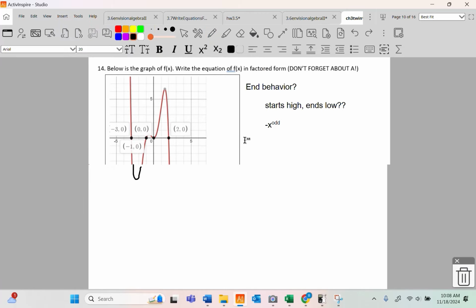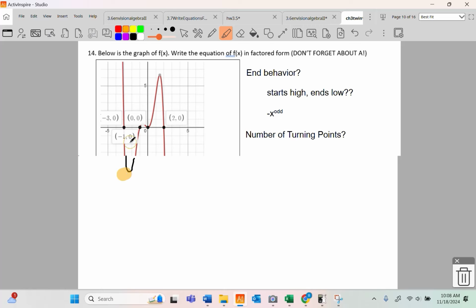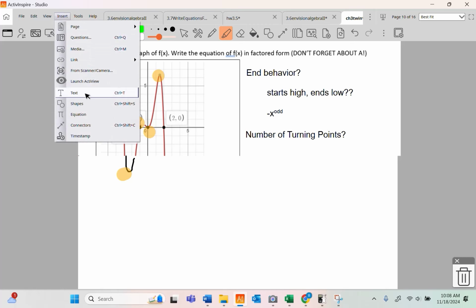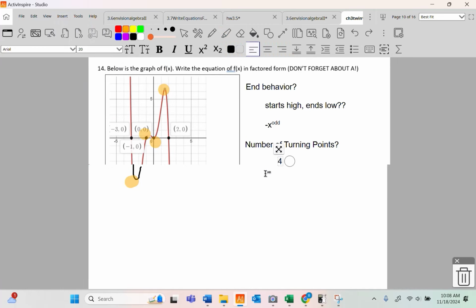So another part of this one is number of turning points. Well, she has 1, 2, 3, 4. She has 4 turning points. By the way, if you're wondering why Milbrath is adding all this stuff, this is a multi-part question on the test, and these are the parts that are in it.